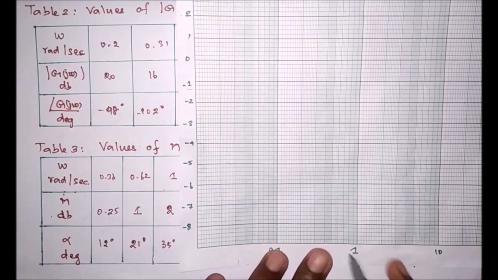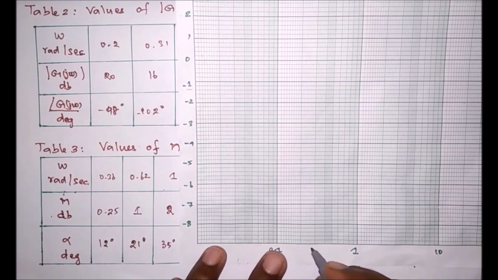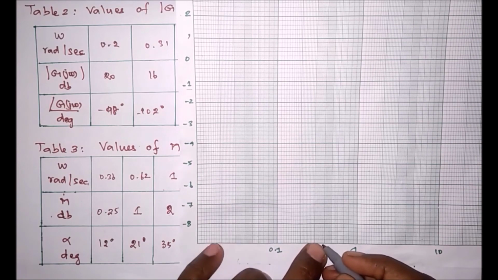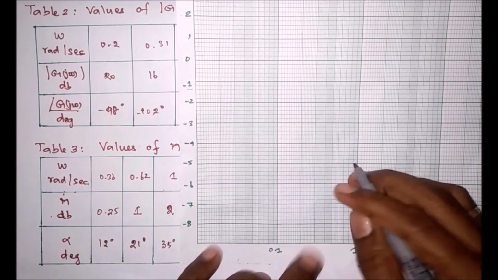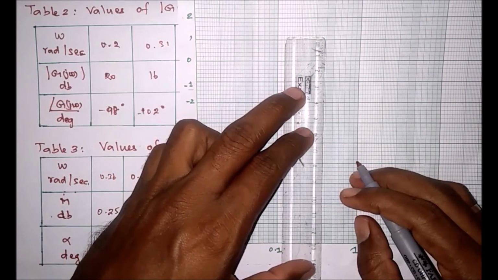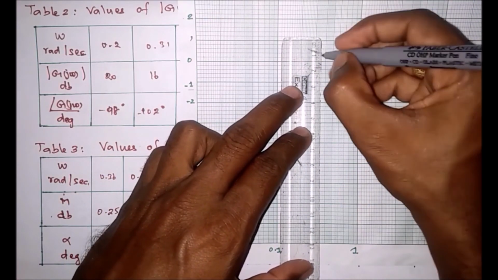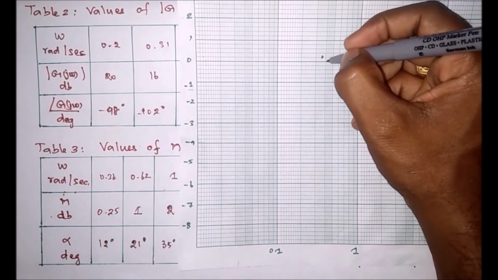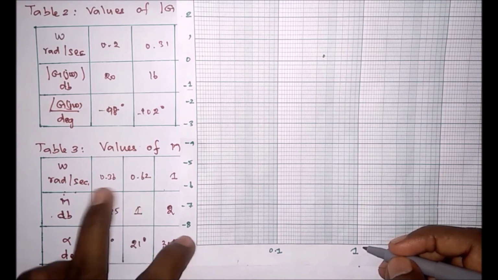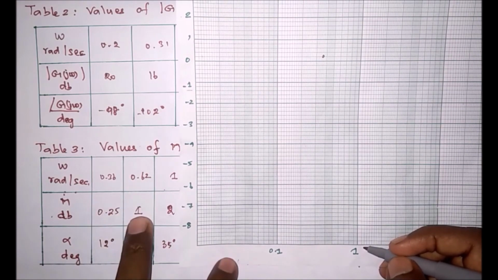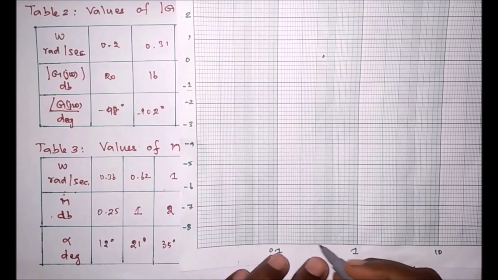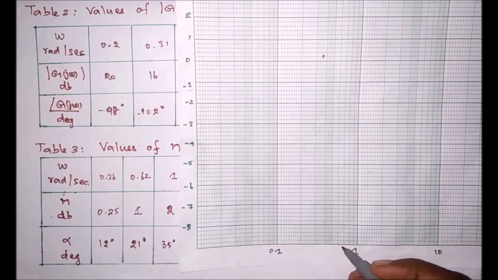So this is 1, it is 0.1, 0.2, 0.3, so 0.36 means this is the 0.36. Here 0.25 means it will come here. So this is the point. Next 1, so this is the 1, the corresponding. So next 0.62 means it is 1 decibel. So 0.62 means this is 0.4, 0.5, 0.6, this is 0.62.